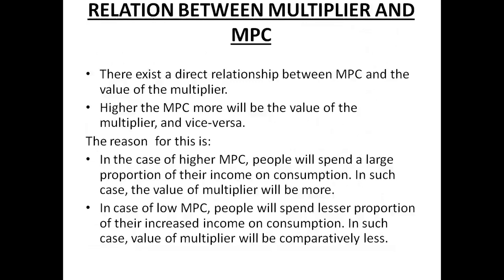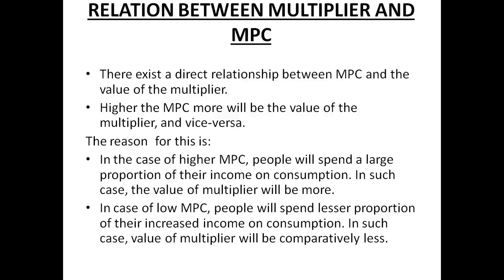Now we will discuss the relation between multiplier and MPC. There is a direct relationship between MPC and the value of multiplier. Higher the MPC, more will be the value of multiplier, and vice versa. Why? What is the reason? In the case of higher MPC, people will spend a large proportion of their income on consumption.